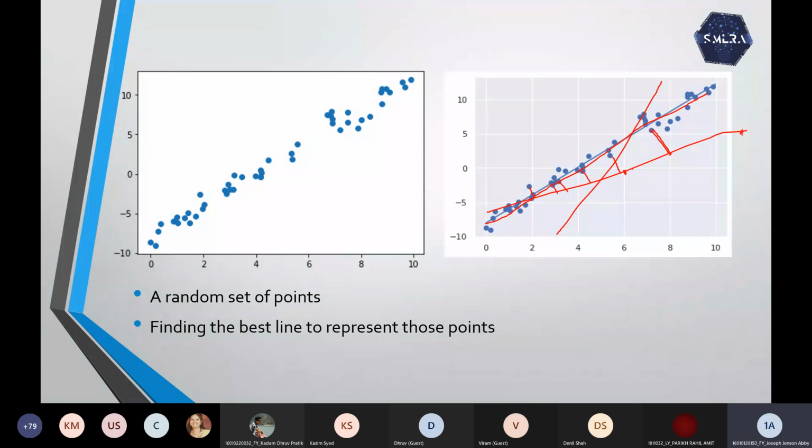Here the distance is less, but here the distance is greater. So it will calculate the distance between the point and the line, and then it will square the distance. It will square the error.